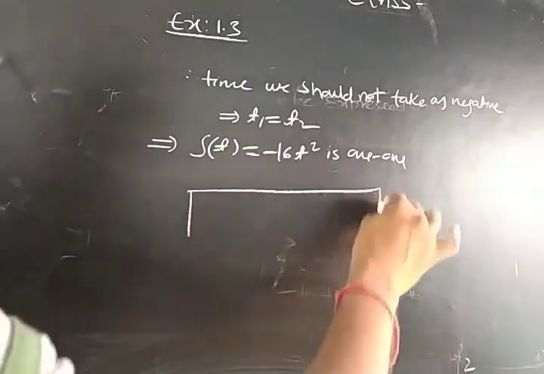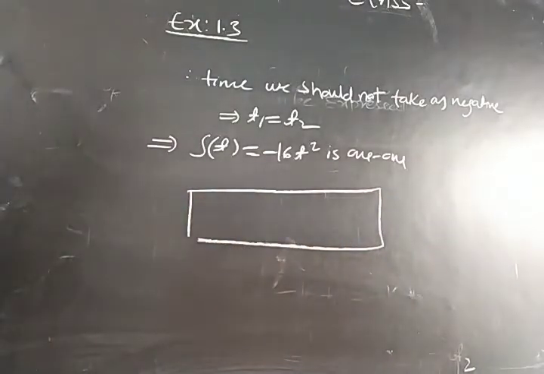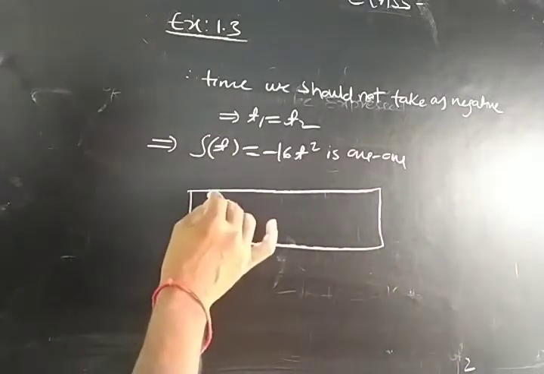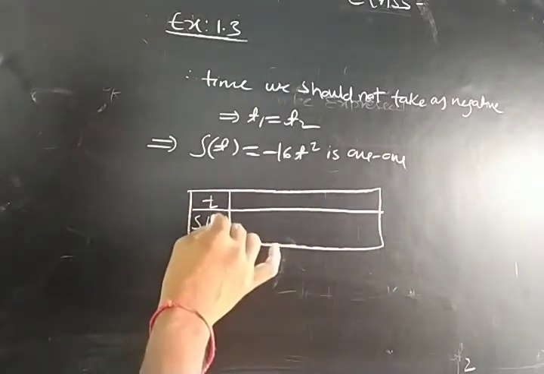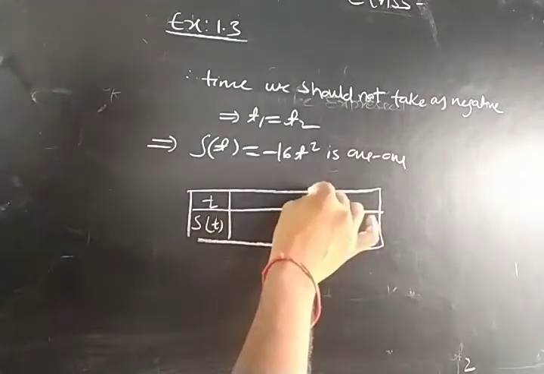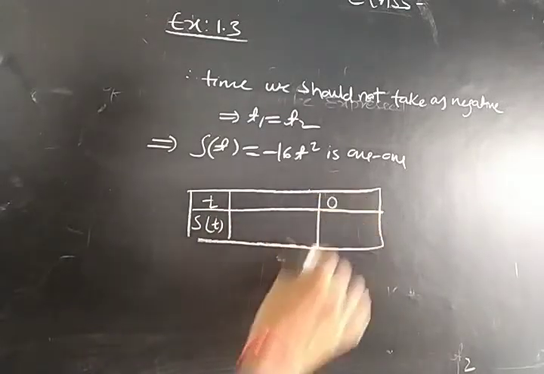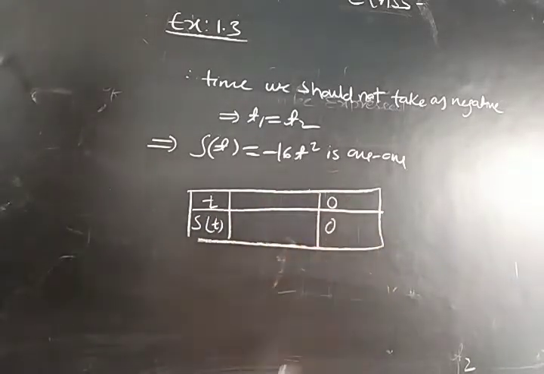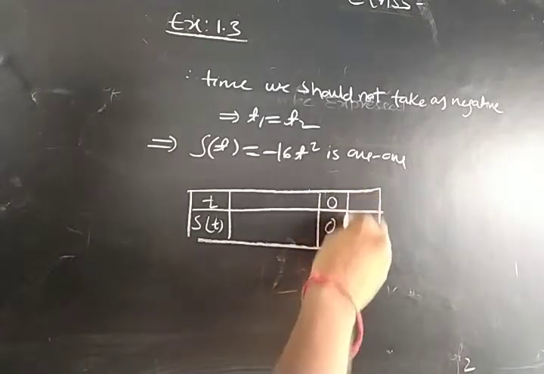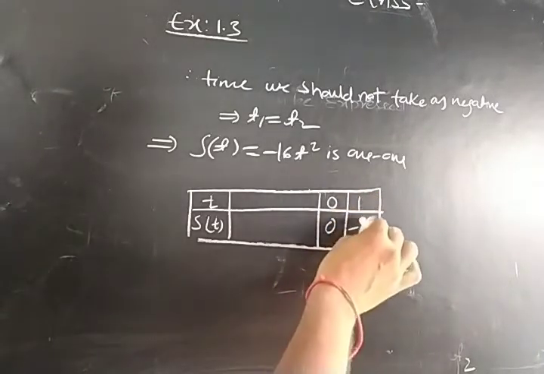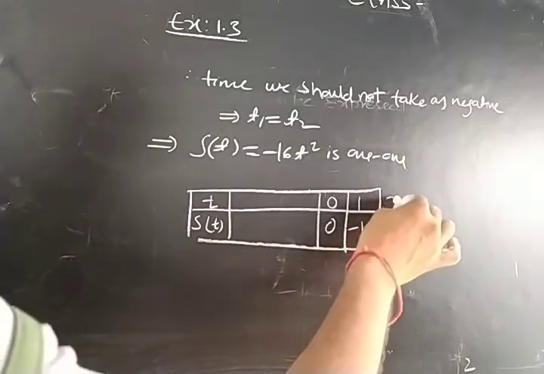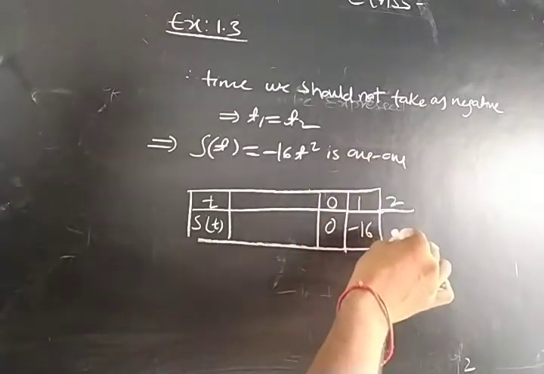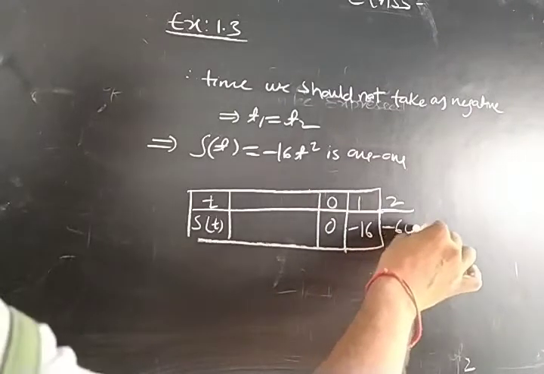To draw the graph, we need t values, then the corresponding s of t values. I am starting with 0. If t is 0, then s of t is 0. Suppose I am taking 1. If t is 1, minus 16. Suppose I am taking 2. 2 squared is 4, times 16 is minus 64.